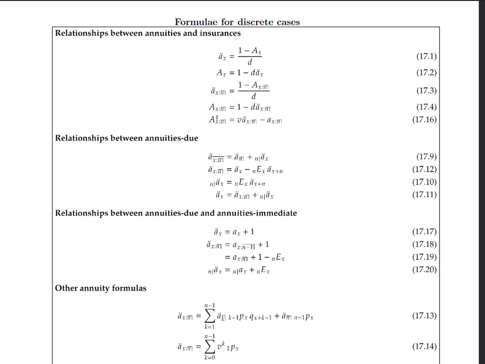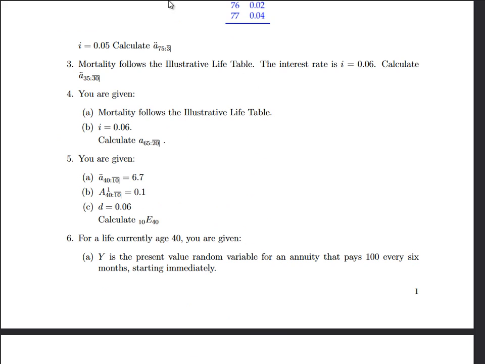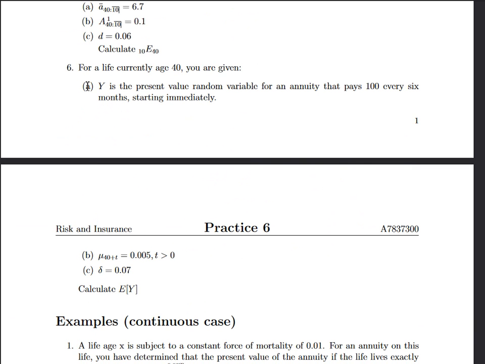So for a life annuity age 40, this is task number 6, we are given these values. Y is the present value random variable for an annuity that pays 100 every 6 months starting immediately. We have got the mortality rate, and we have got delta equals 0.07.